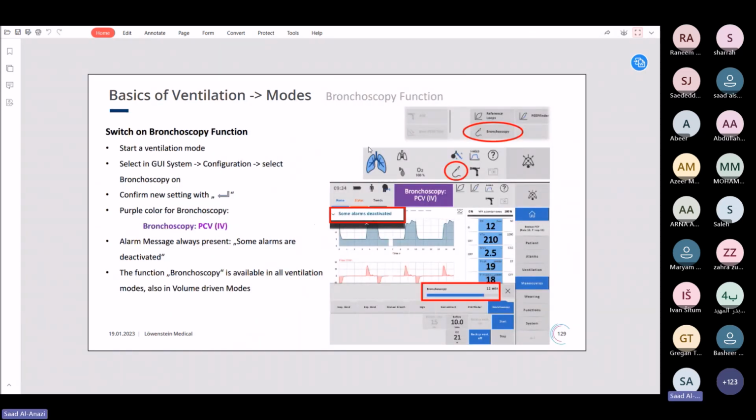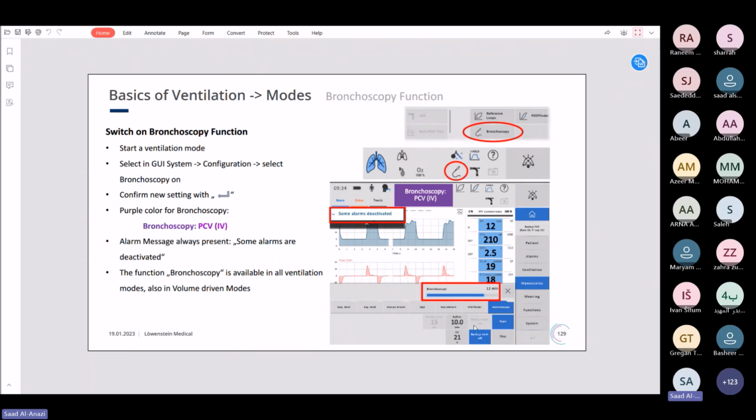Also, we have a great option called bronchoscopy functioning. Bronchoscopy functioning is from the maneuvers. As you know, some intubated patients or tracheostomy patients need a bronchoscopy procedure. So you can select from the maneuvers, move to bronchoscopy and activate it on.